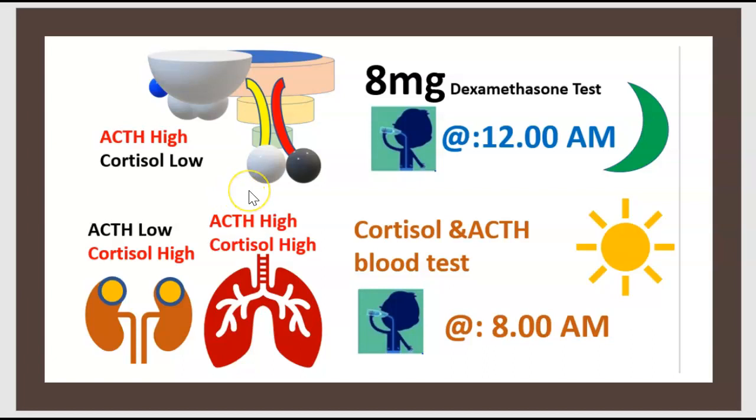Where is the lesion? Is it in the pituitary, in the lung, or adrenal? To answer this question, we give dexamethasone 8 milligram at 12 a.m. and we measure cortisol and ACTH the next morning at 8 a.m. If ACTH high and cortisol low, it's pituitary.